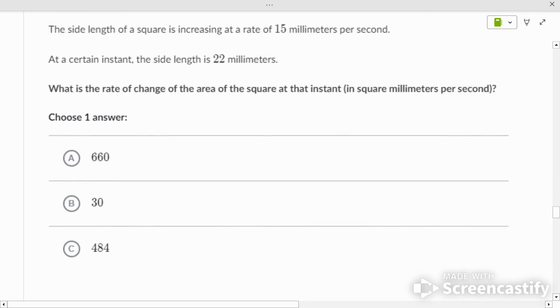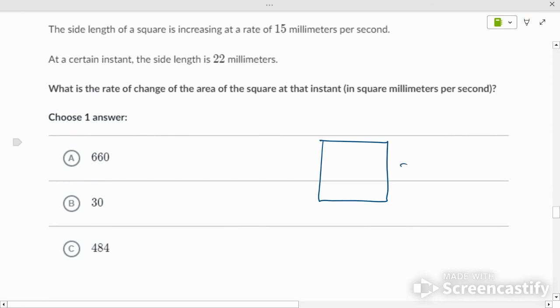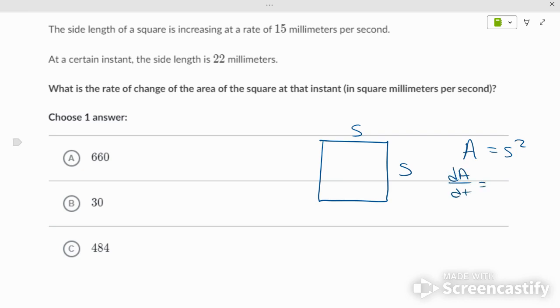The side length of a square is increasing at 15 millimeters per second. So a square is a side by a side. What's the change of area of a square? Well, the area of a square equals side squared. So how do you take the first derivative of that? dA/dt equals 2s ds/dt.